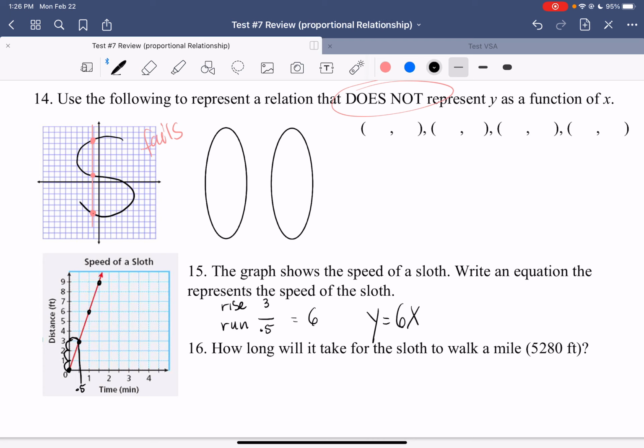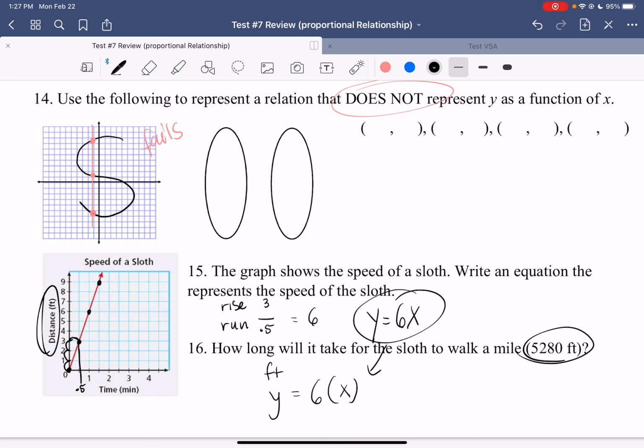All right, so then the question is, how long will it take the sloth to walk 5,280 feet? So 5,280 feet is the y value because y is our distance. So we can take our equation and substitute: y, the feet, equals 6 times x, which is the time, because that's what we're looking for. So we have 5,280 feet equals 6 times x.